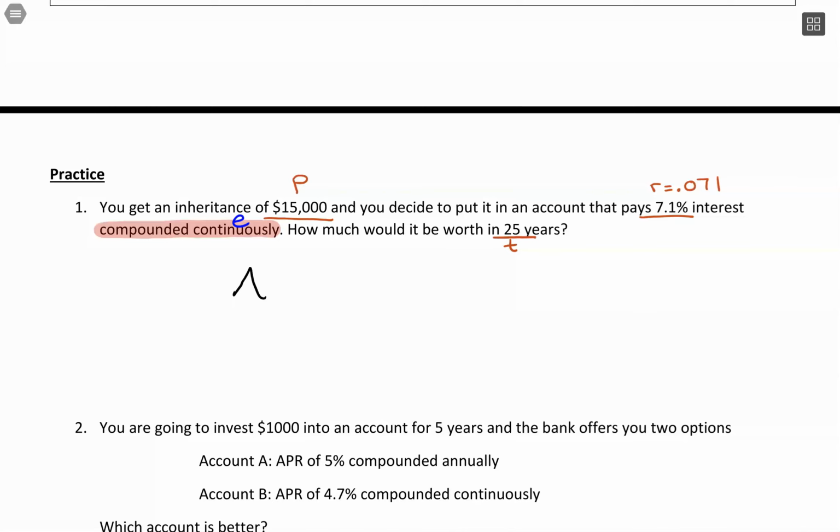To find the balance of the account, we'll take our principal. We'll have e as the base of the exponent, and then in the exponent we'll have the rate times time. So let's see how to plug this into the calculator.